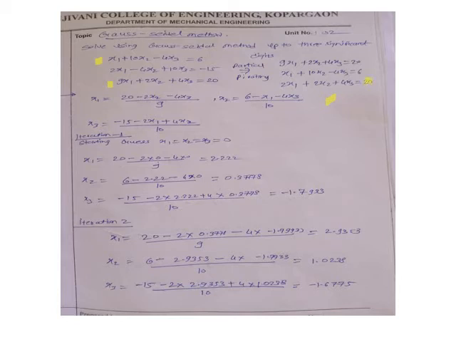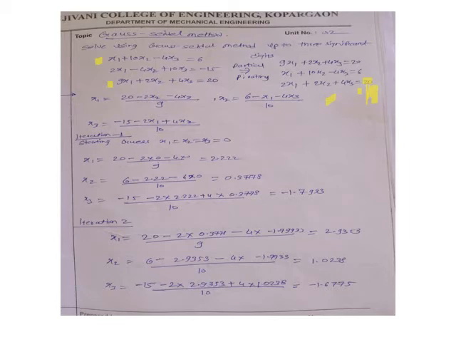Instead of this 20, it has to be minus 15. Okay, here you please note, this has to be minus 15. So because of that, minus 15 minus 2x1 plus 4x2 upon 10, this is the x3.